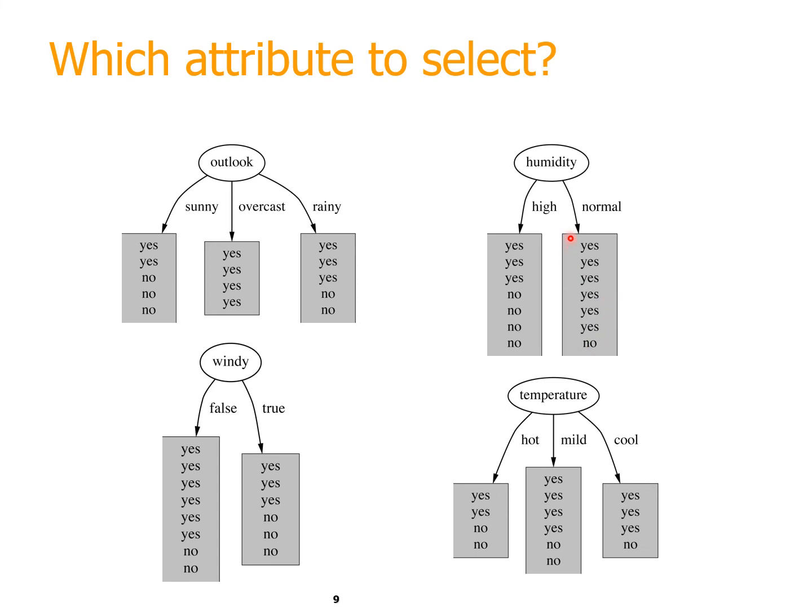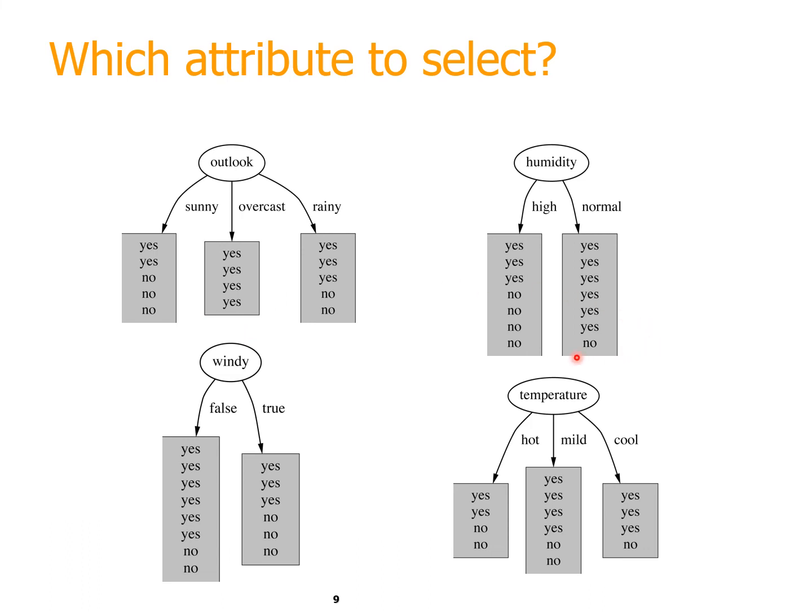But here in this case, we have 3 yes and 3 no, and we don't like this. This is like attribute C in the previous slide. So the attribute we are looking for is one whose values look like the good cases.